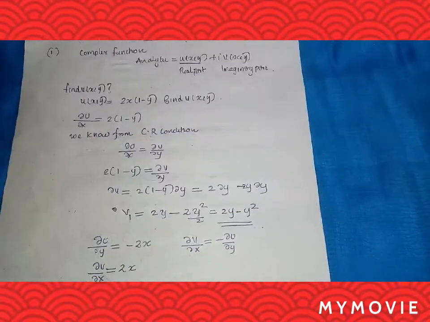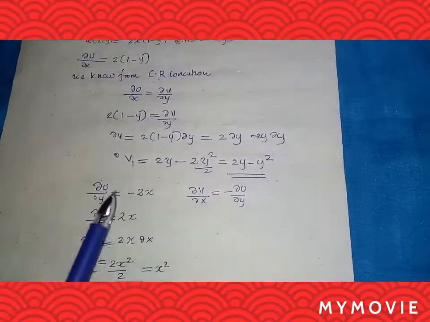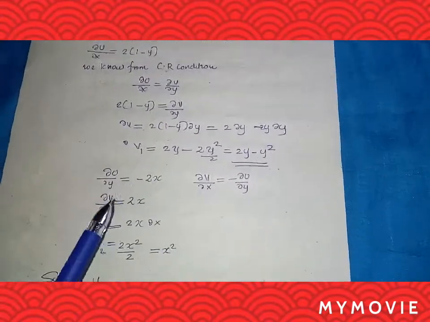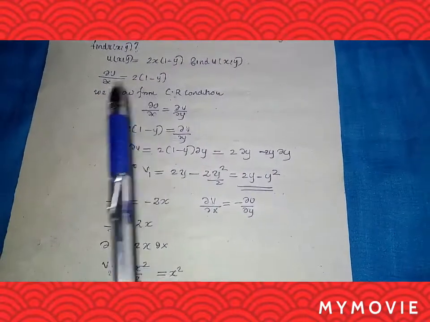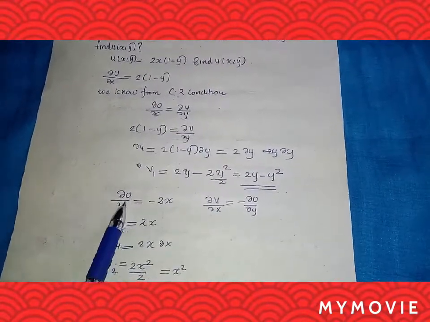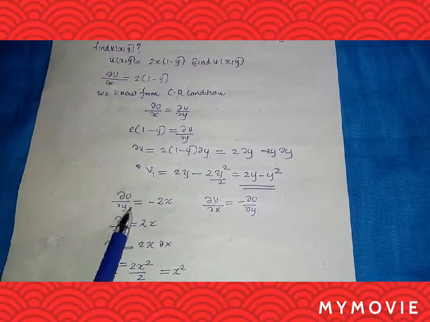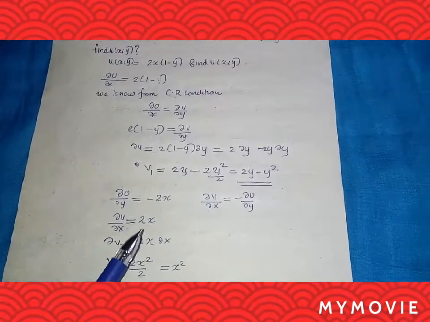But we know there is another Cauchy-Riemann condition, that is dou u by dou y is equal to minus of dou v by dou x. So we have to find dou u by dou y of this function. We get minus 2x as dou u by dou y, and equate with the minus of dou v by dou x.